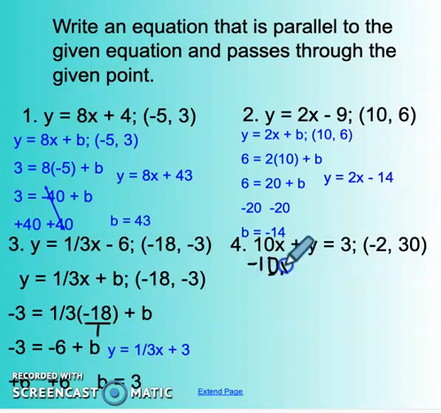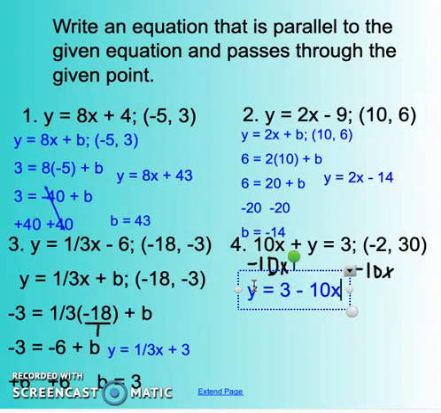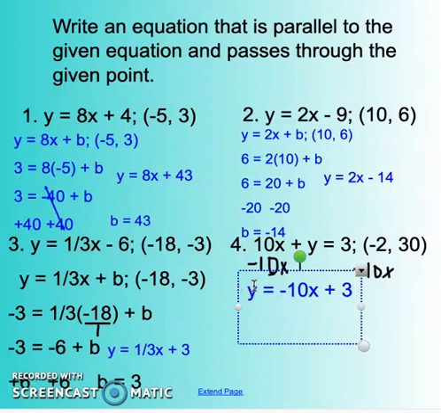If I subtract 10x on this side and on this side, now my y is all by itself, and all I have left is 3 minus 10x. But let's move those around because I want it to look like slope-intercept form. And so I have -10x plus 3. So this is the equation I'm starting with.